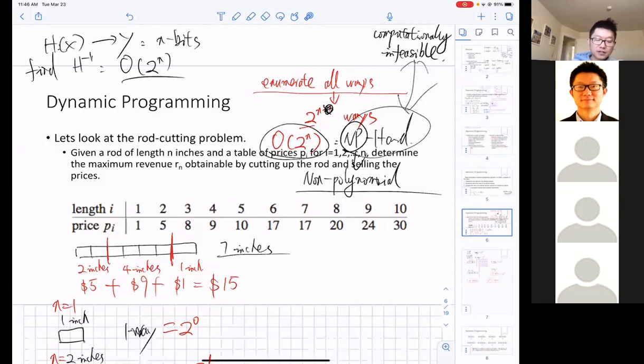So we call it NP hard, or equivalently, computationally infeasible, to get the reverse of the hash function. Same here. If we want to enumerate all possible ways of cutting a rod, the complexity is going to be NP hard, or computationally infeasible.